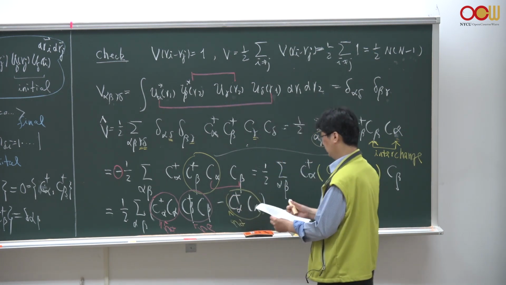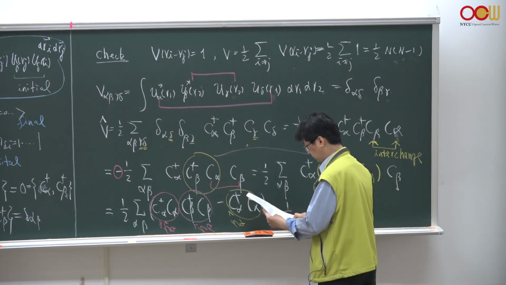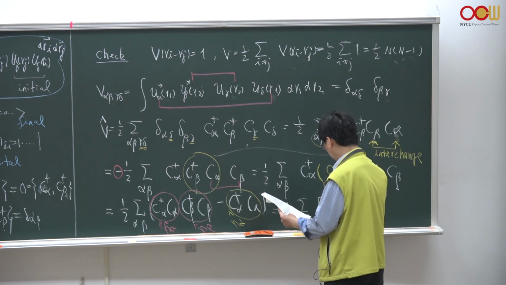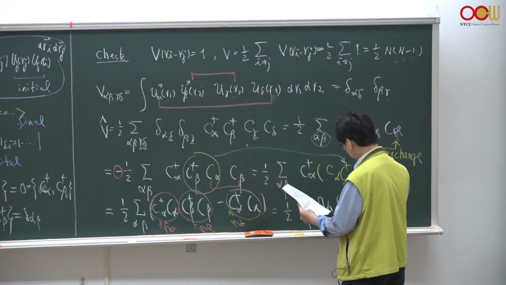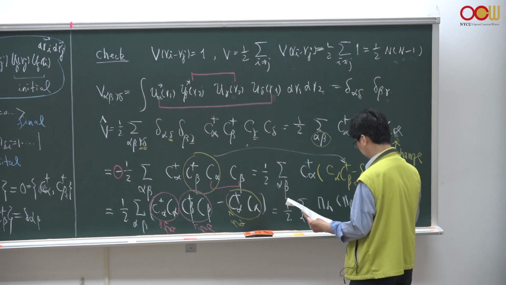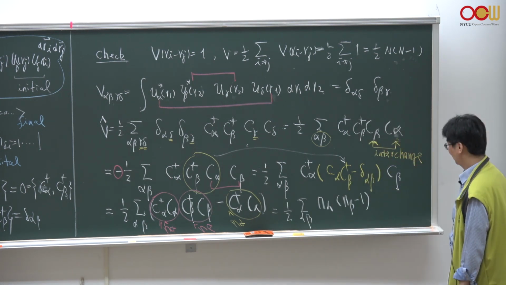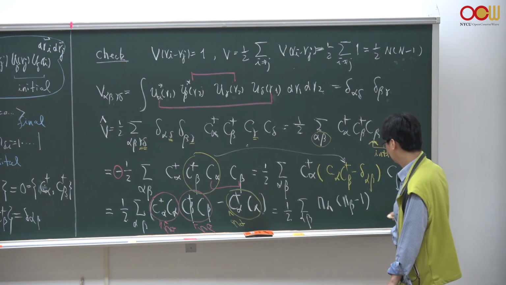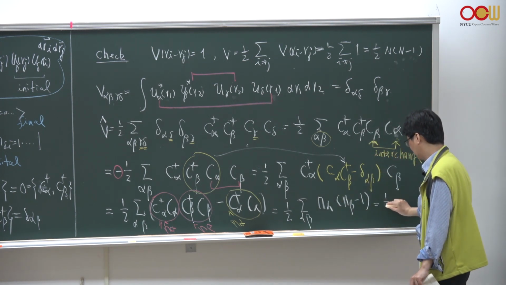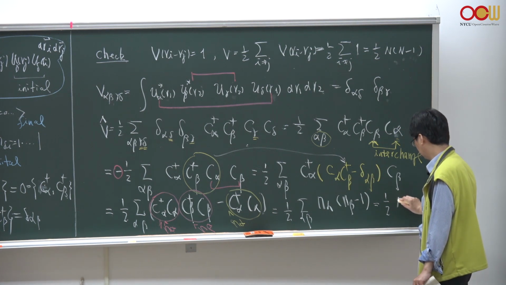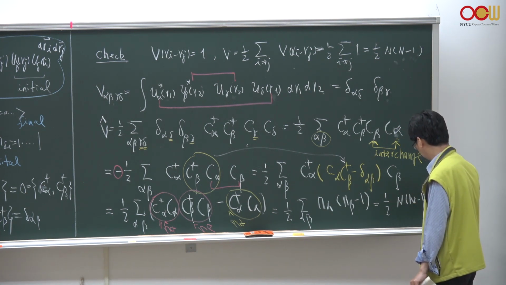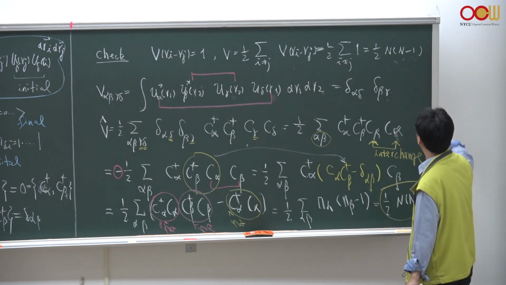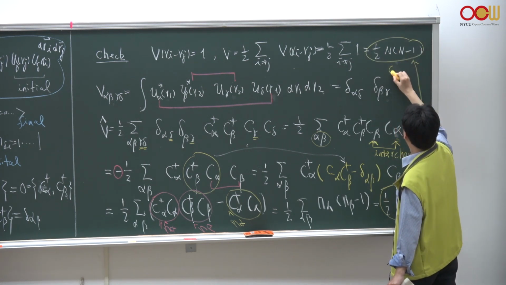So this is nothing but one half of the sum over alpha beta of n alpha times n beta minus 1. Okay, so sounds familiar. When you sum over alpha and beta, you get the total number of occupations, which is exactly this value over here. Checked.